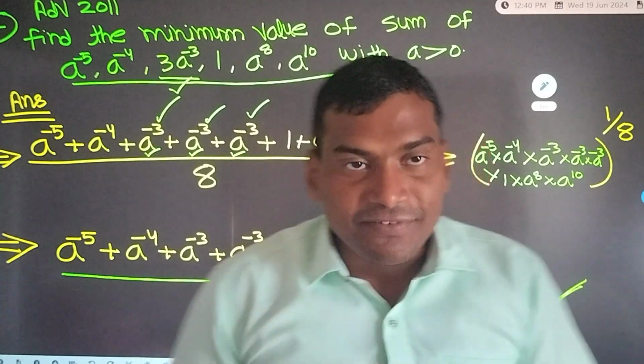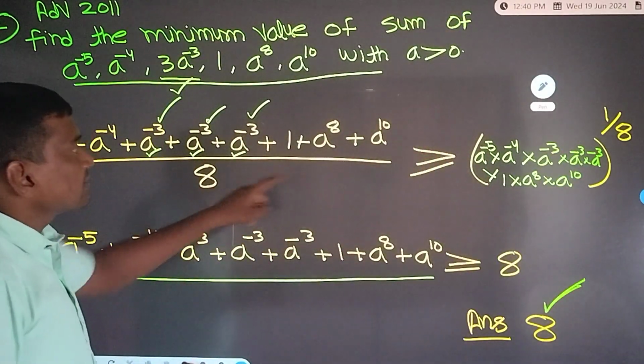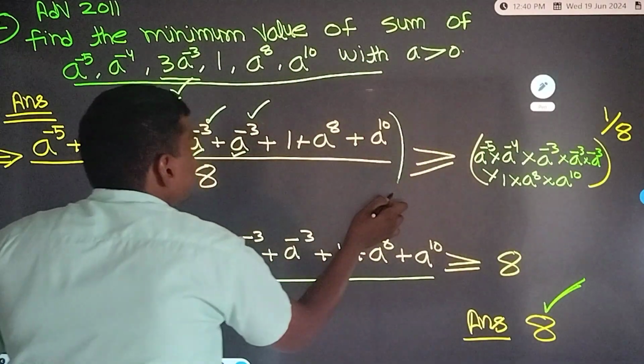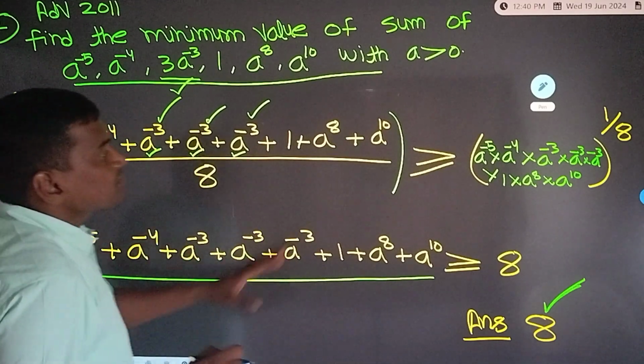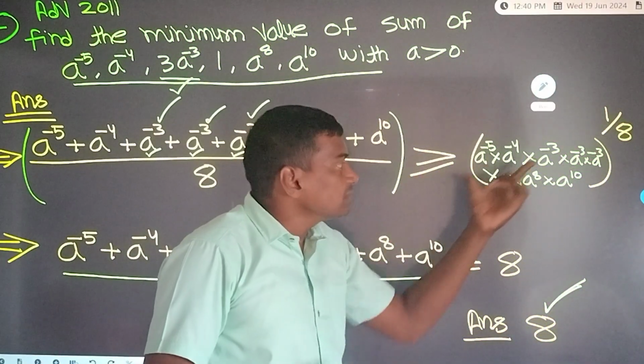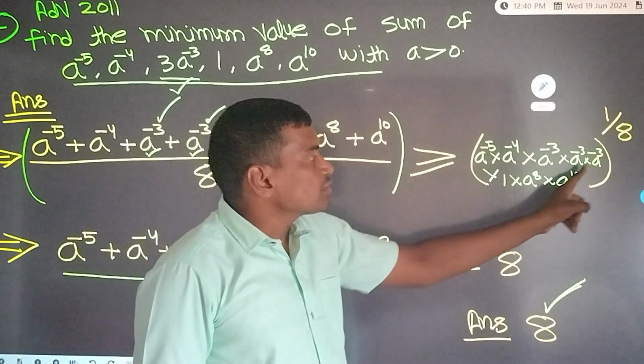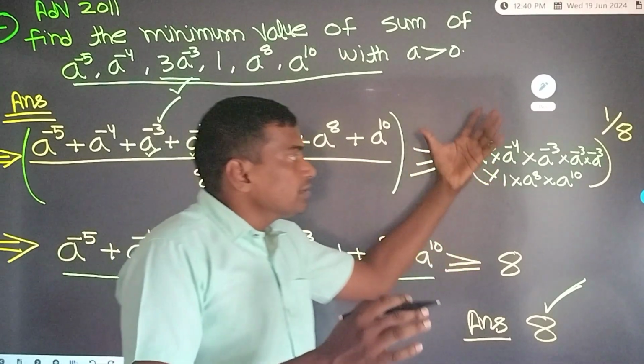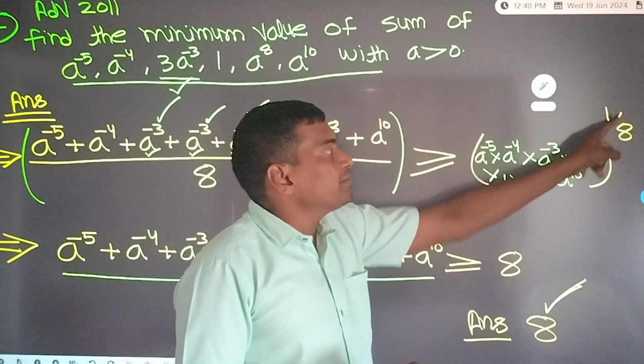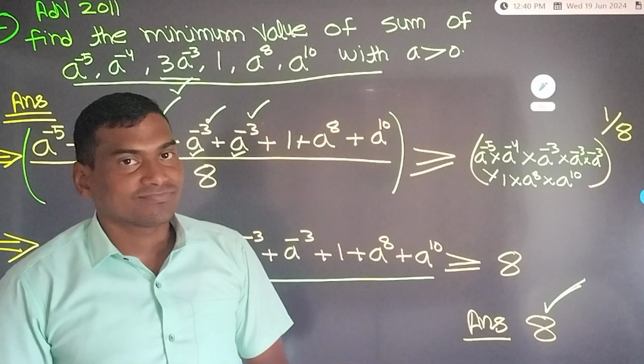Sum of numbers divided by the number of numbers. This is our AM, this whole side is your AM. This must be greater than or equal to their GM. So GM is the multiplication of all numbers, whole raised to power 1 divided by the number of numbers.